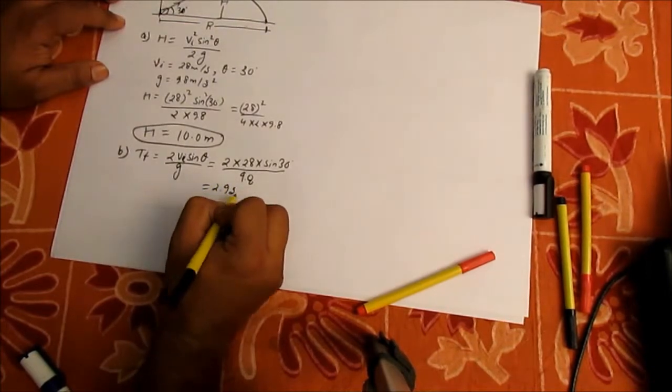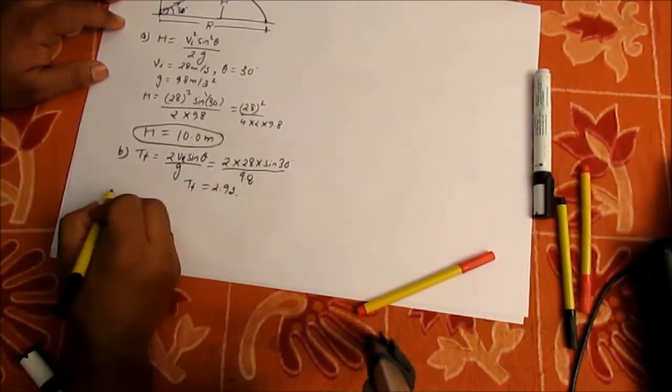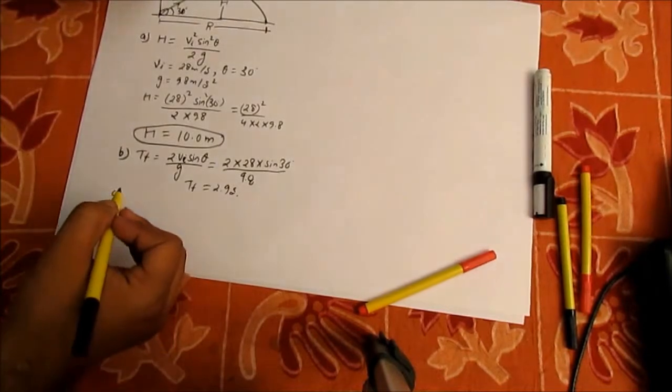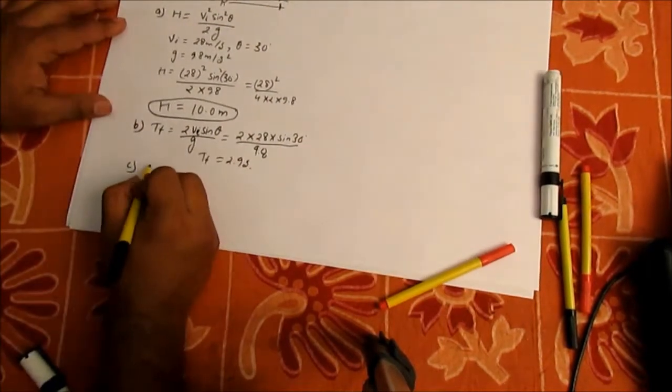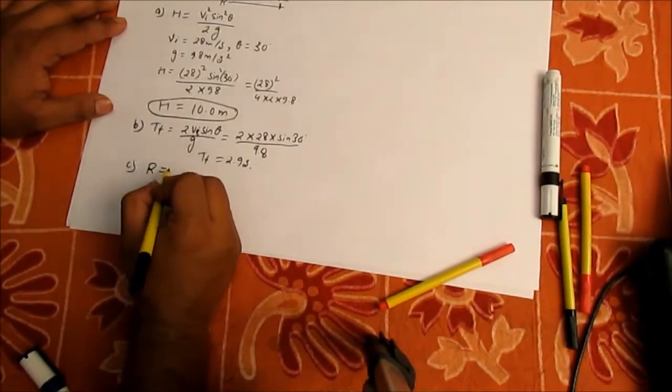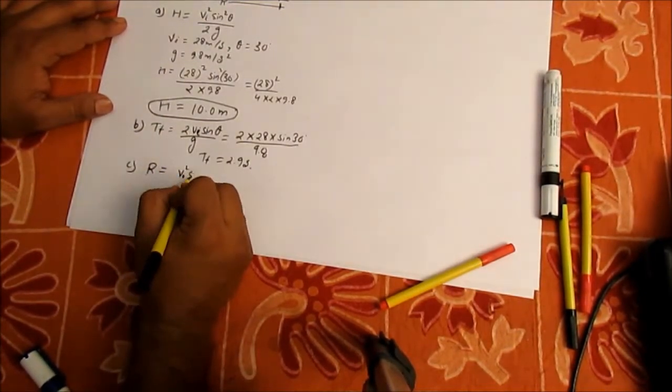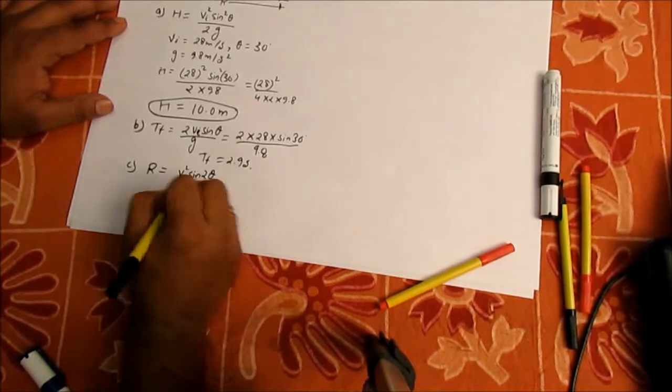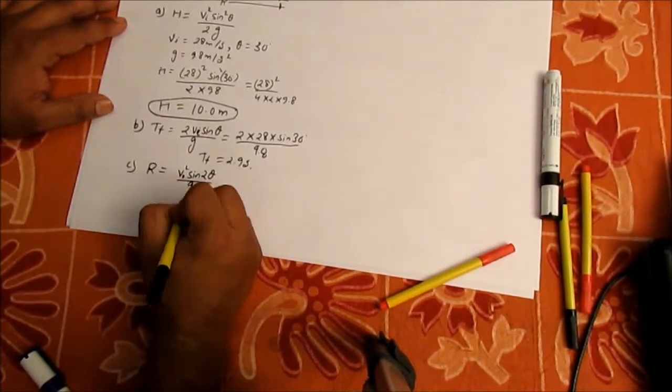So it's a very easy question. Next we will find the range. As you know, we have just derived the equation for the range: V naught square sin 2 theta divided by g.